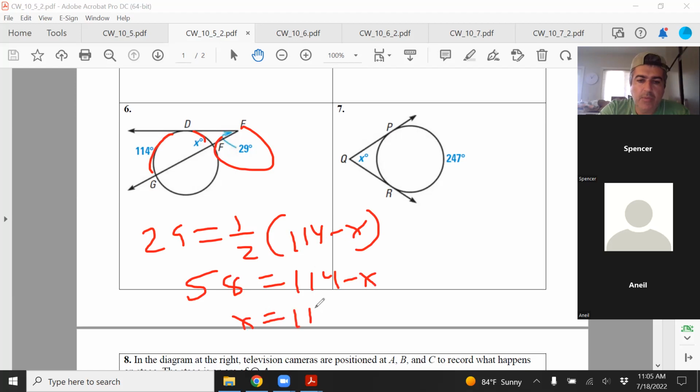So x is 114 minus 58, which will be 56. So we get 56 degrees for that one. So that's number 6.